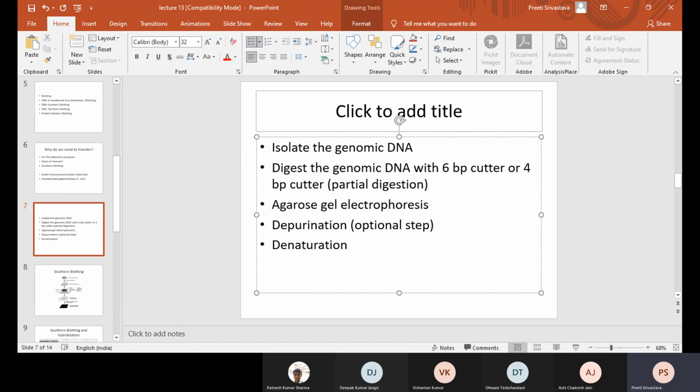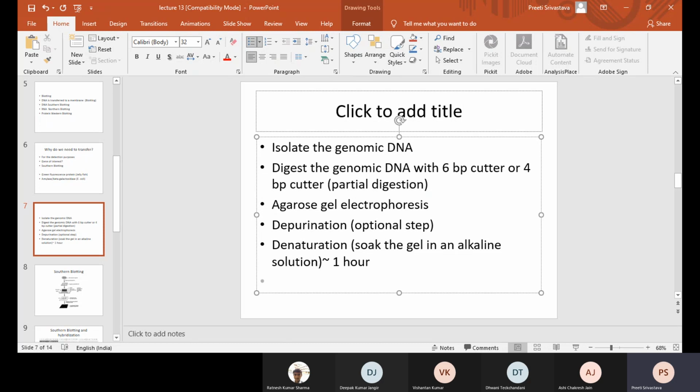So what we do is soak the gel, run after agarose gel electrophoresis, in an alkaline solution which contains sodium hydroxide at a pH of around 11. You need to do this soaking for about an hour.